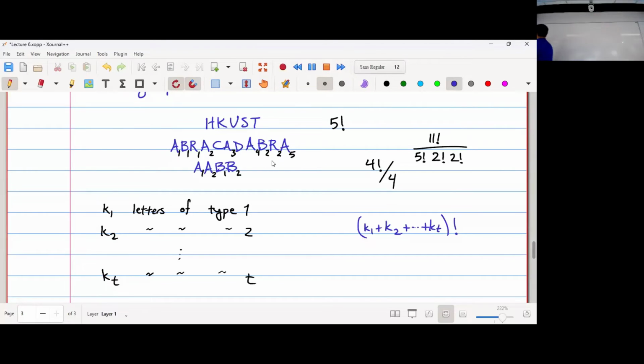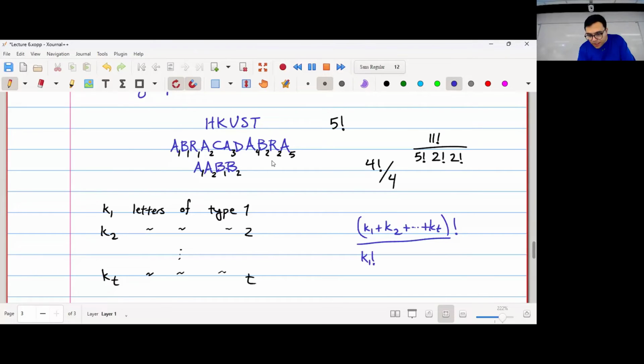And then I say, well, on account of type 1 letters, I've counted every solution K1 factorial ways, because I can take any solution and I can change the order of the letters of type 1 in K1 factorial ways, and I will still get the same solution. So I have to divide this by K1 factorial.